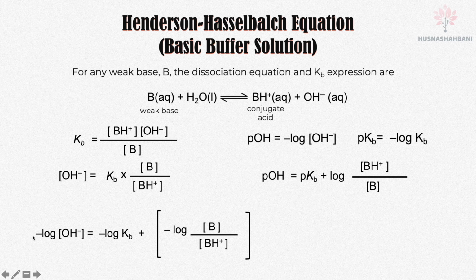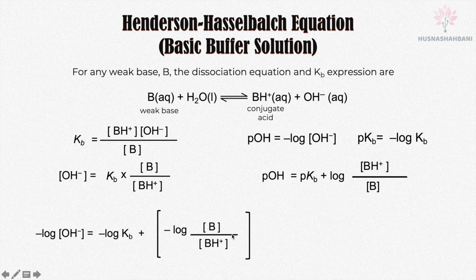So we know that pOH is equal to negative log OH minus and pKb is equal to negative log Kb. And here you can rewrite pOH equals pKb plus log, because you want to cancel the negative. The conjugate acid is on top.